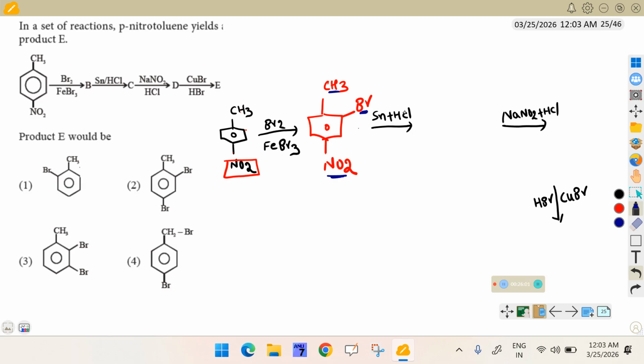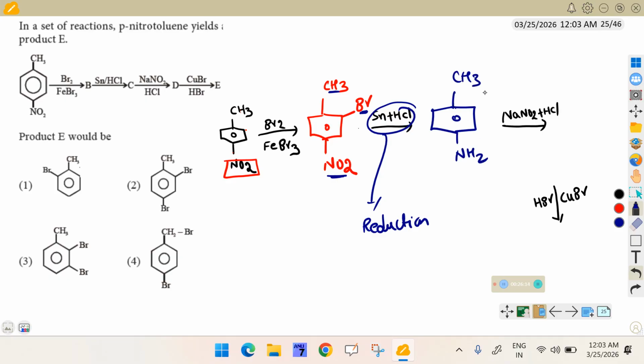Correct. Sn plus HCl: reduction takes place. The nitro group undergoes reduction, then it gives an amine. NH2 CH3 Br. Now aniline reacts with NaNO2 plus HCl.